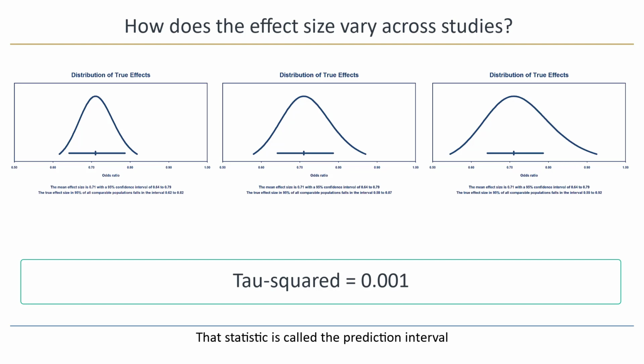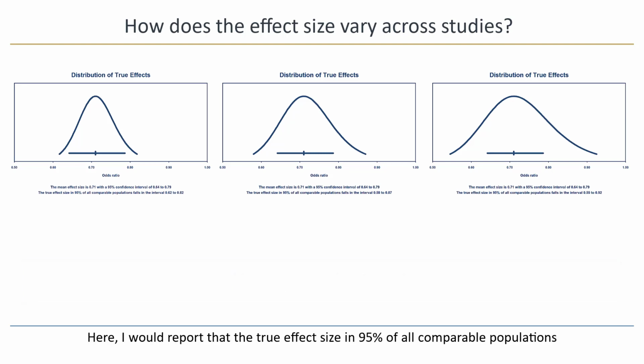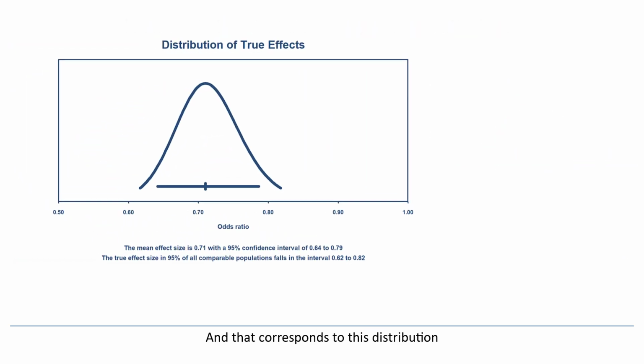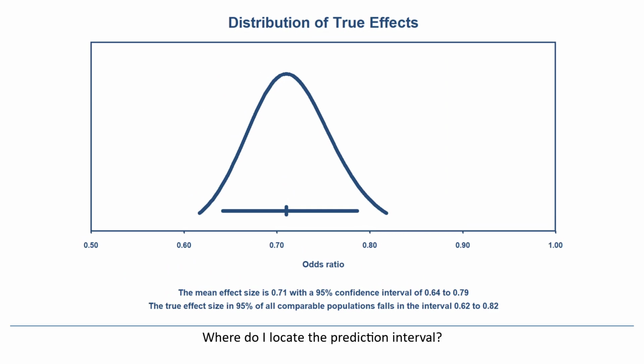That statistic is called the prediction interval. Here I would report that the true effect size in 95% of all comparable populations falls in the interval of 0.62 to 0.82. And that corresponds to this distribution. Where do I locate the prediction interval?